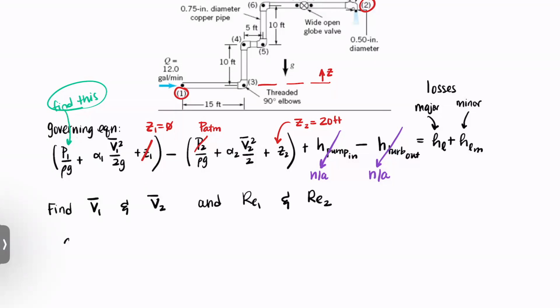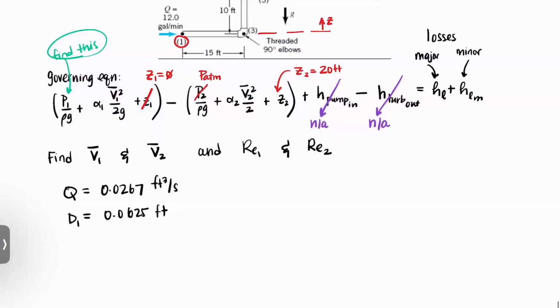So we are given Q is equal to 0.0267 cubic feet per second. And we're also given that the diameter at 1 is 0.0625 feet. And that diameter 2 is 0.5 divided by 12 feet.